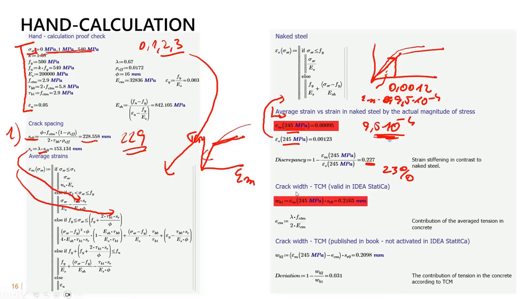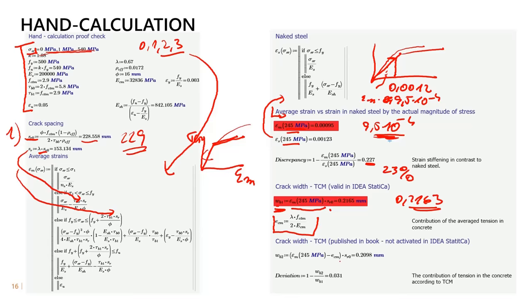Once we are approaching crack width, the tension chord, this is the equation that I was mentioning before: the average strain times the fundamental crack spacing, and you will get 0.2165. In our case, the output from IDEA StatiCa is 0.2163.